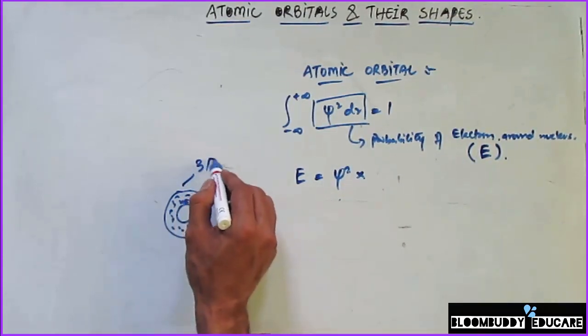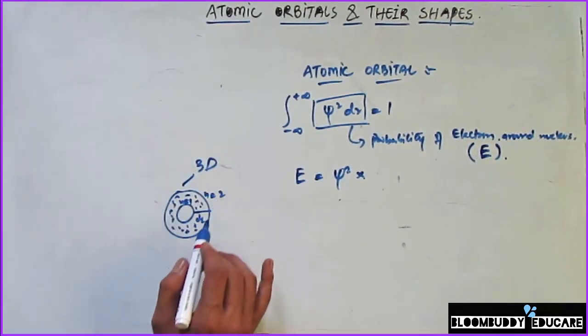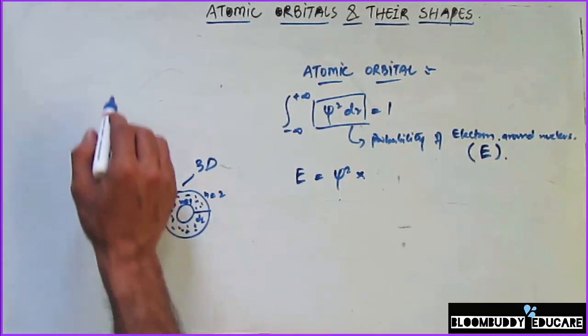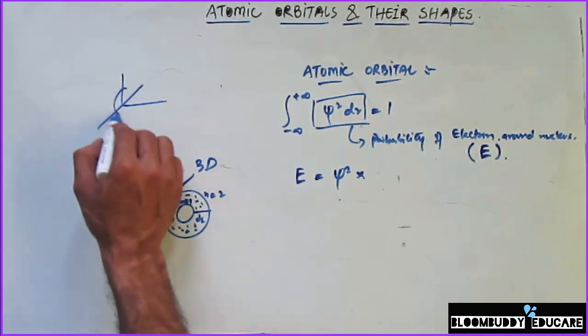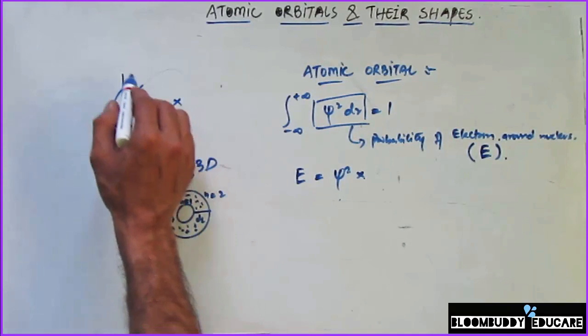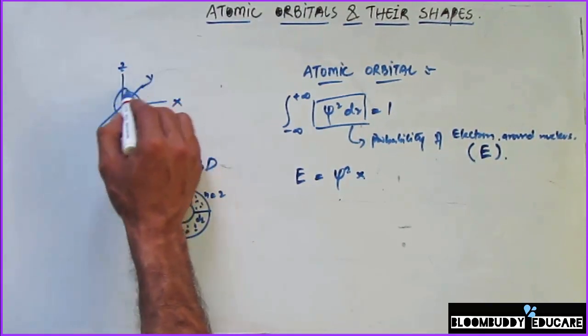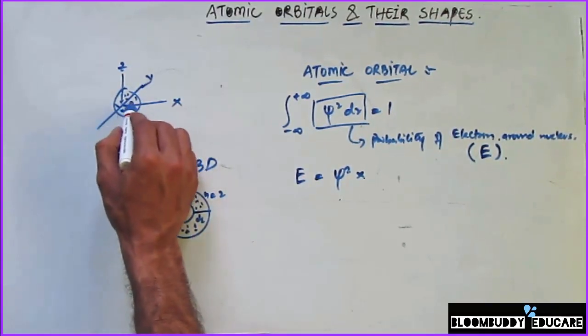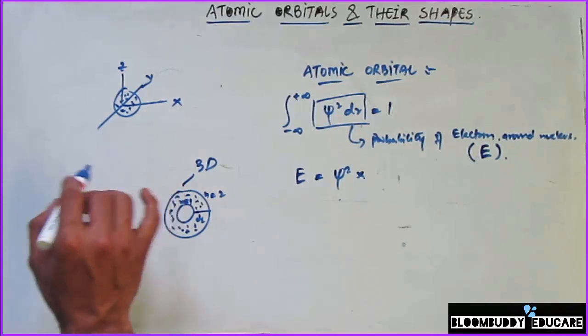When you try to find the probability of an electron in a three-dimensional space along all the axes, that is x, y and z axes, in that case this is going to be a sphere.